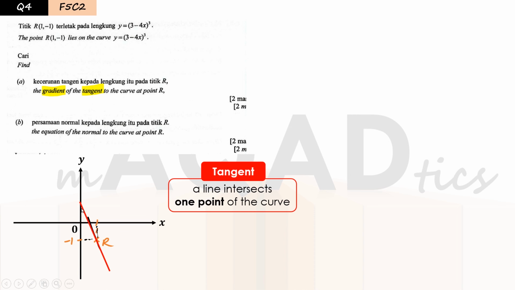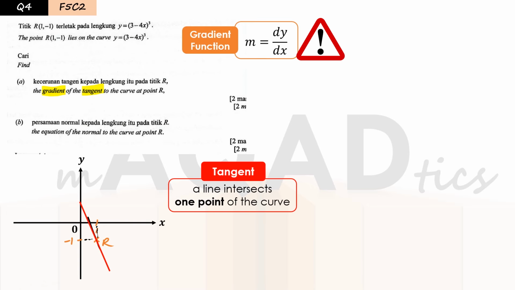One of the ways to find the gradient is if we have 2 points on this tangent, and we can use the gradient formula to find the gradient, right? But here we don't have those 2 points. So what are the other ways? The other way is what we have learned in this chapter, differentiation, the gradient function.